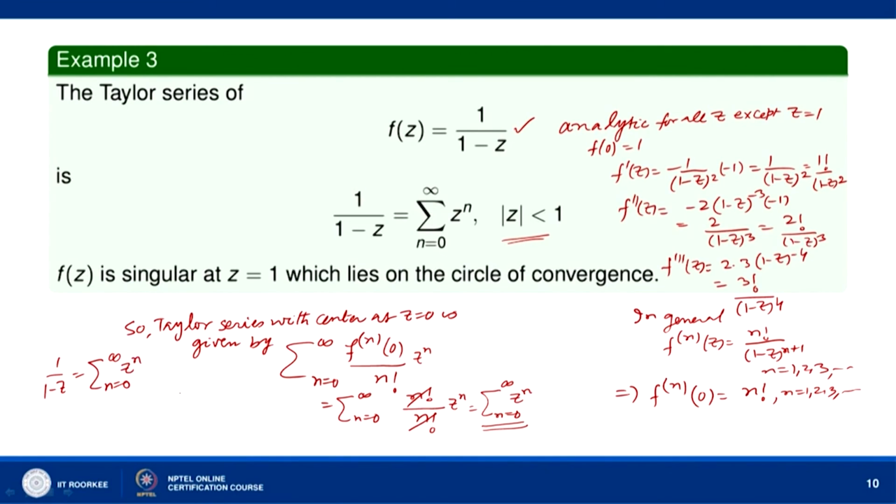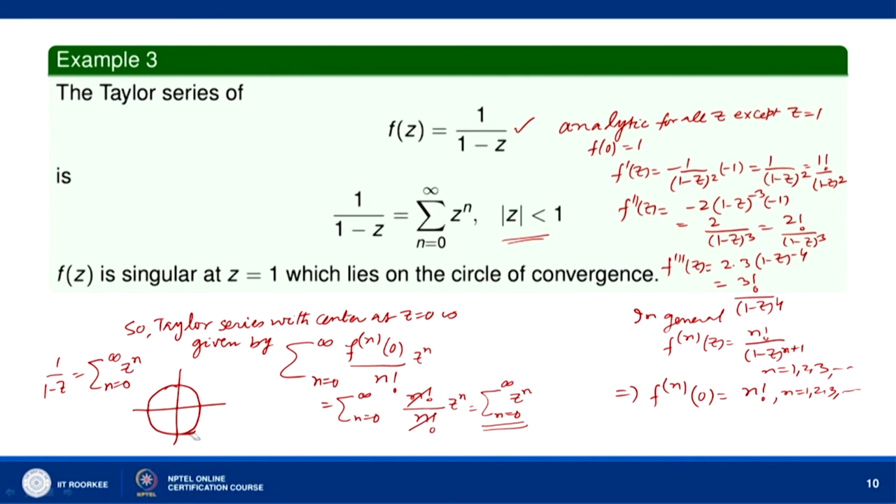So, 1 over 1 minus z is equal to sigma n = 0 to infinity z to the power n. Now, we can see that if we take z = 1, then z = 1 is a singularity of the function f(z). Singularity of the function means the function ceases to be analytic at z = 1, or f(z) is not analytic at z = 1. So, f(z) is singular at z = 1, and z = 1 lies on the circle of convergence here.